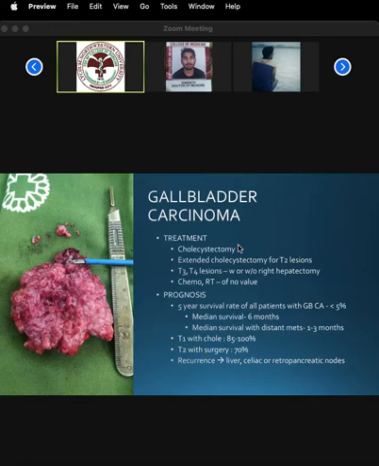Okay? This is a patient with a T2 lesion, gallbladder carcinoma. So we resected part of the liver and we did extended cholecystectomy to include part of the liver and pericholecystic nodes. Okay.